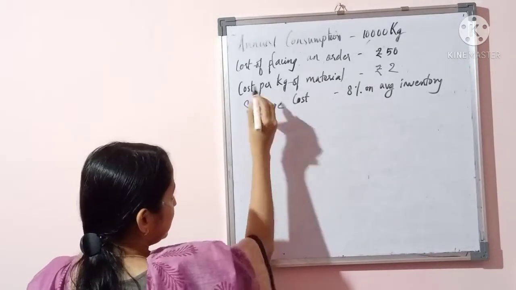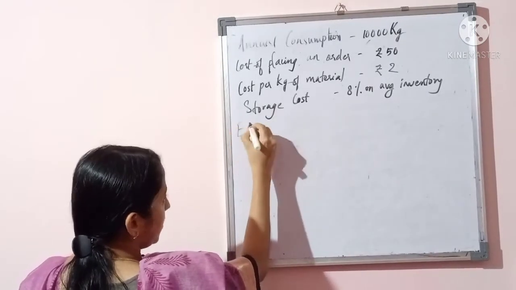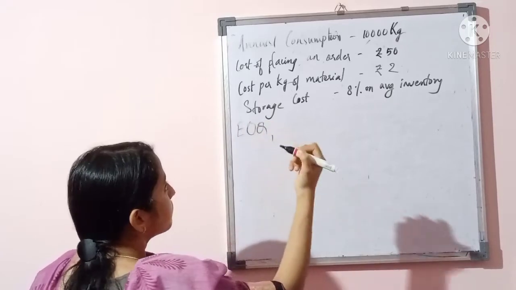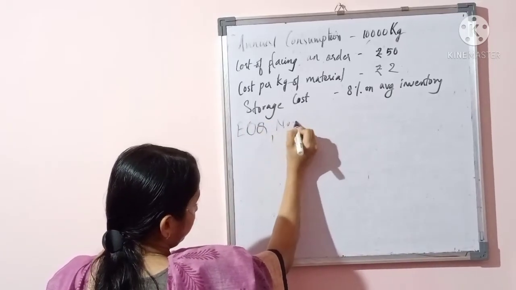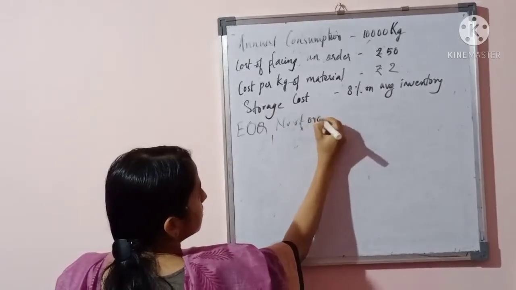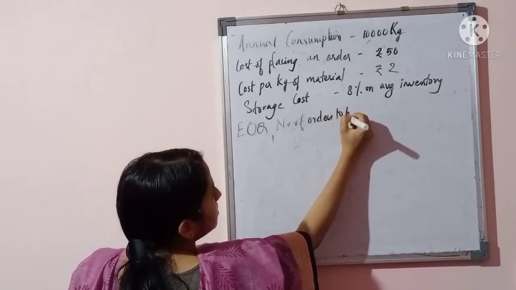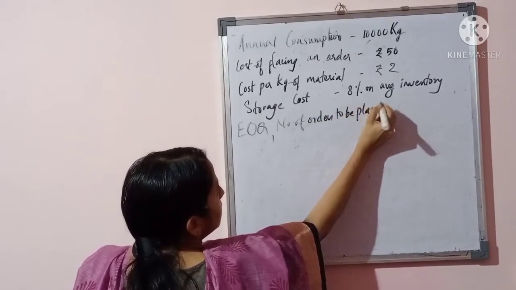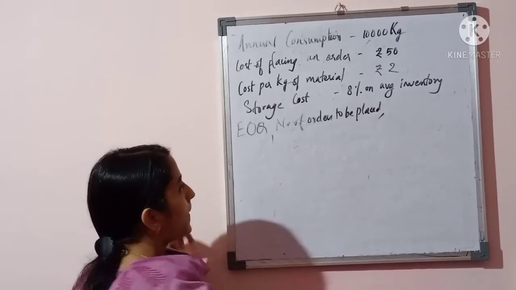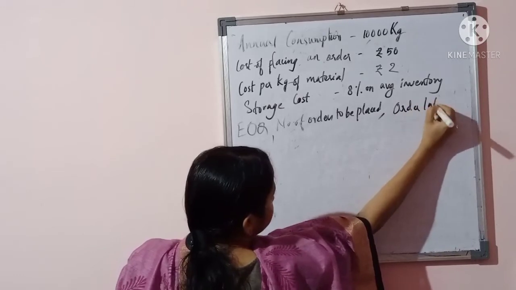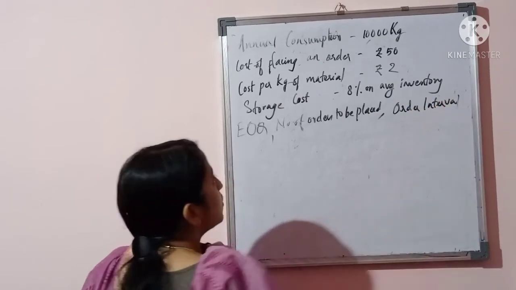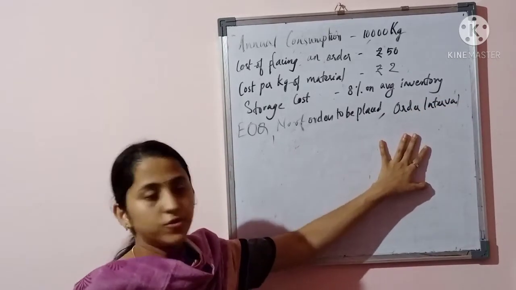We have to calculate EOQ, then the number of orders to be placed, and also the order interval. So these 3 we have to find.